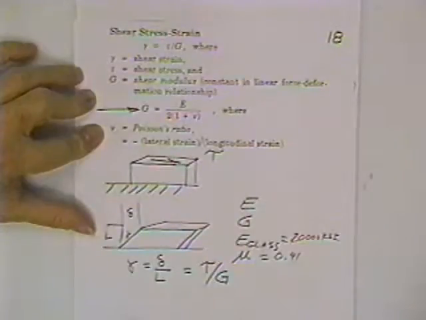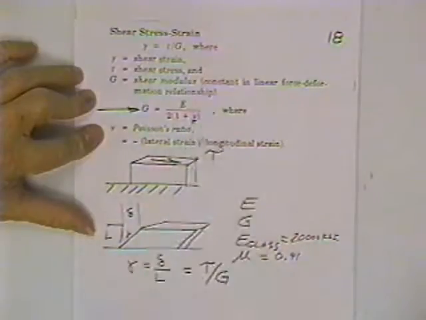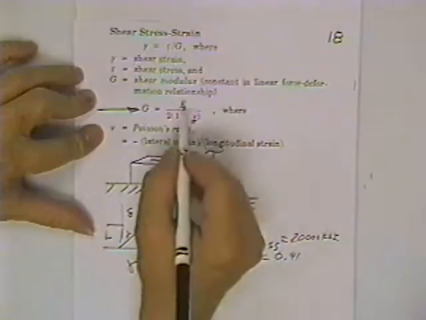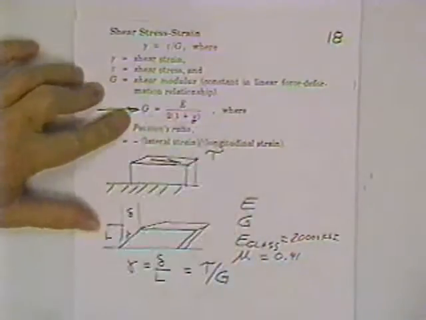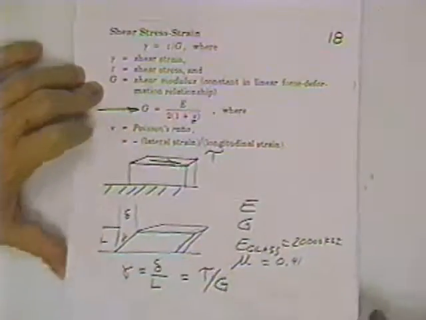I don't know what that is either. But you go looking for glass and you need G and you can't find it. Well, here's why. Since you have the Poisson's ratio, you can put it here. You can put the E he told you there, and you can solve for G. So be sure you know that equation is around and available to you.